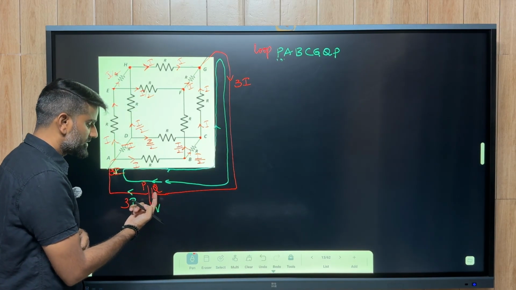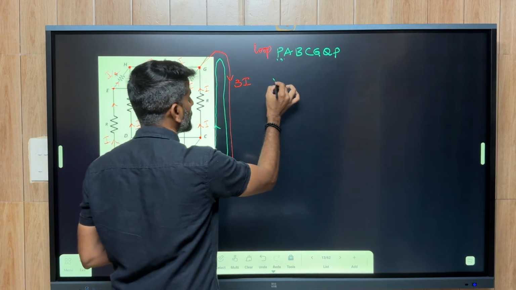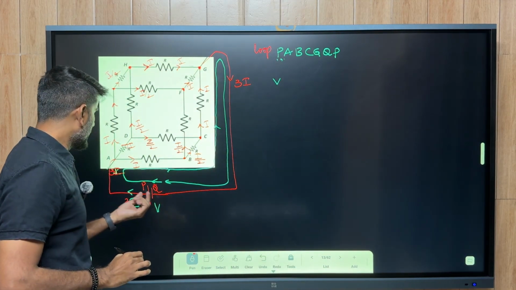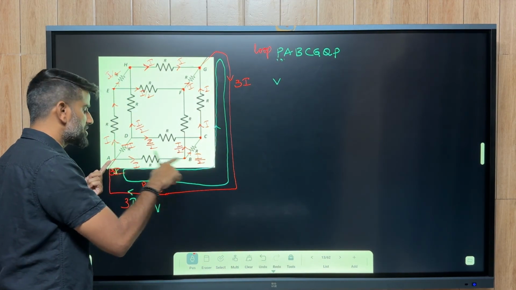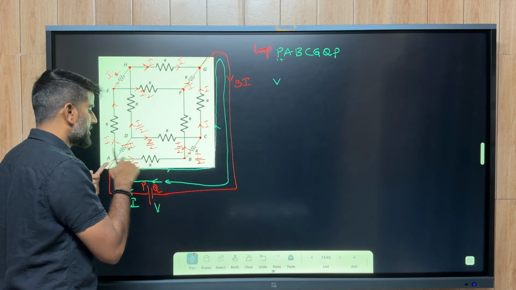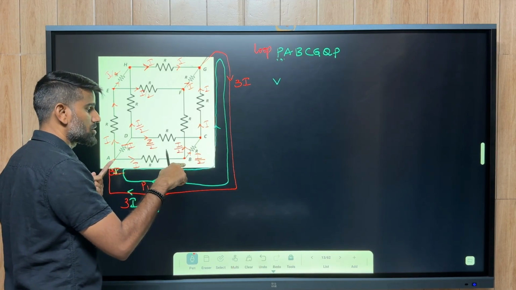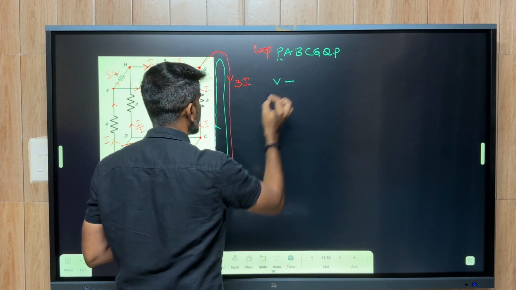As the potential is rising from lower potential to higher potential in the direction of the loop, I am taking it as positive V. Potential drop is there because current is flowing from higher potential to lower potential, so I take the negative sign.